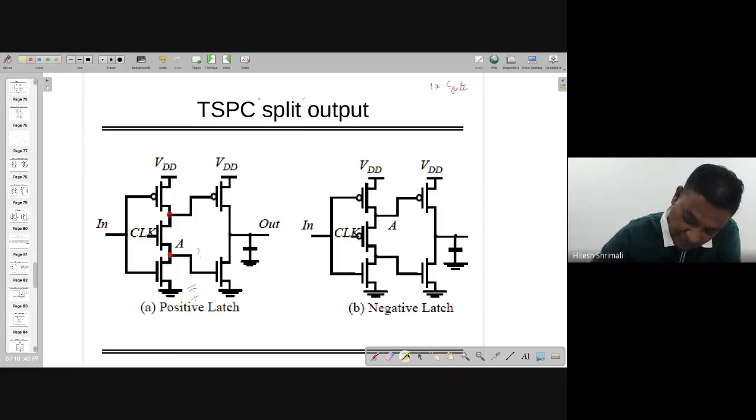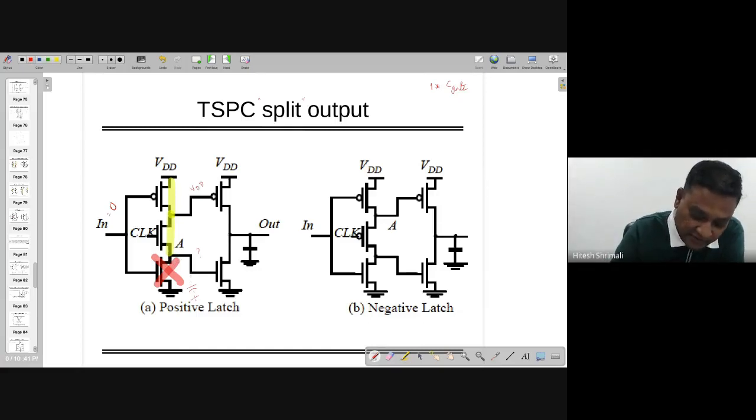Now, the interesting thing happens when the clock is equal to 1. If clock equals 1, it's going to make the connection from here to here. Now let's start playing with the input. So if input equals 1, or sorry, input equals 0, it will make the top transistor on, and here you are going to see VDD, because this lower transistor is already in off state, right?